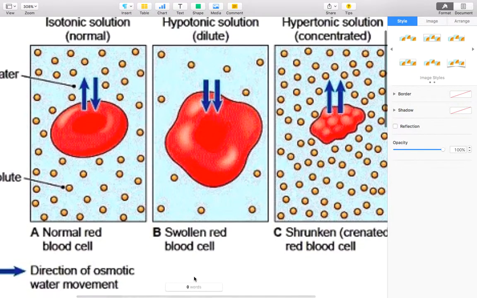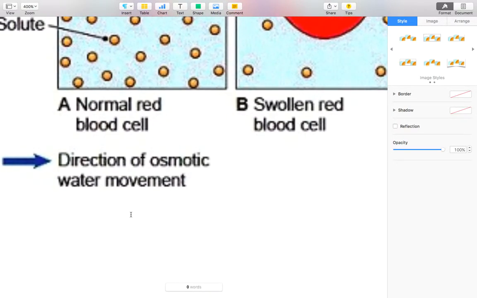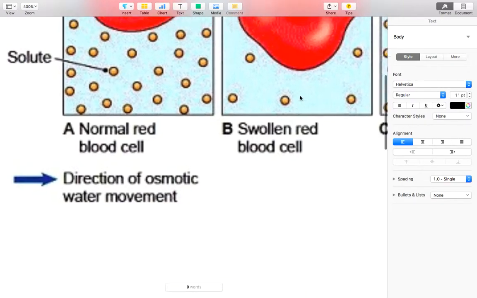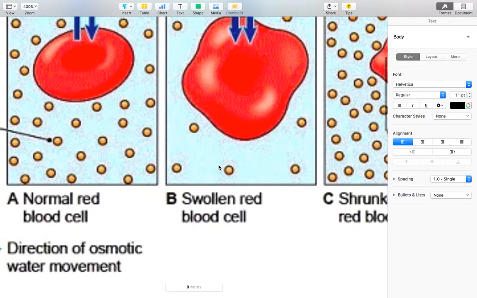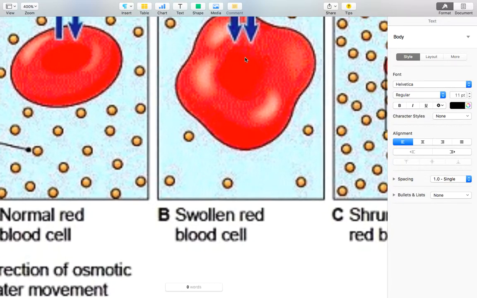As it says here, the arrows show the direction of osmotic water movement, so the water is following the arrow. It's moving inside the cell, making it hypotonic, a swollen red blood cell about to pop.